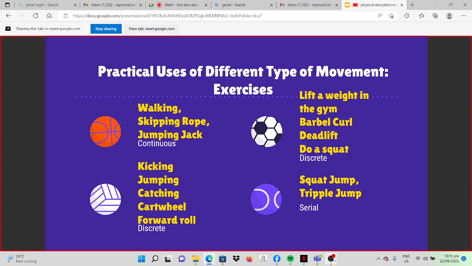The continuous skills are walking, skipping rope, jumping jack. Discrete skills are kicking, jumping, catching, cartwheel, forward roll. Serial skills are lifting a weight in the gym, barbell curl, deadlift, doing a squat, and triple jump.